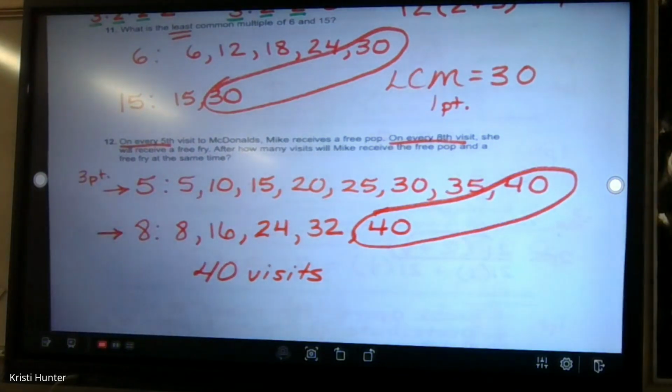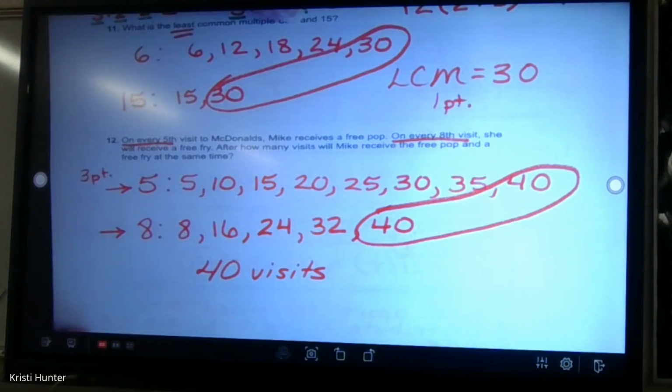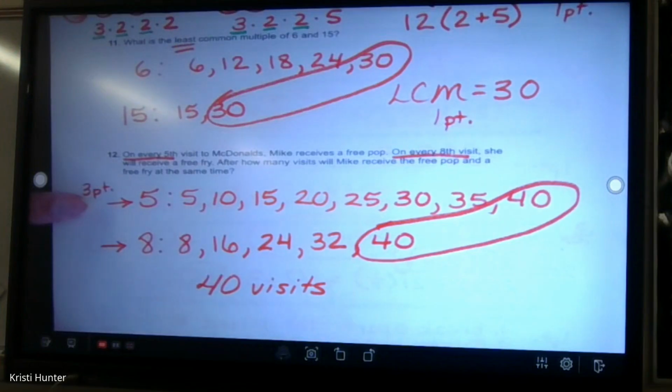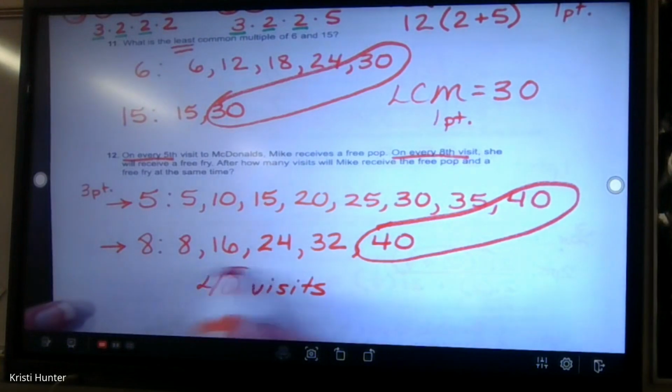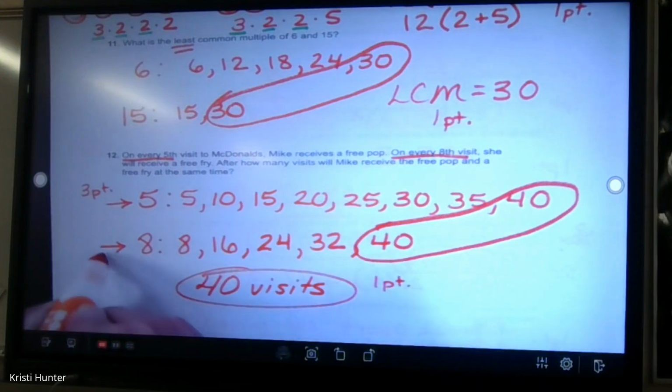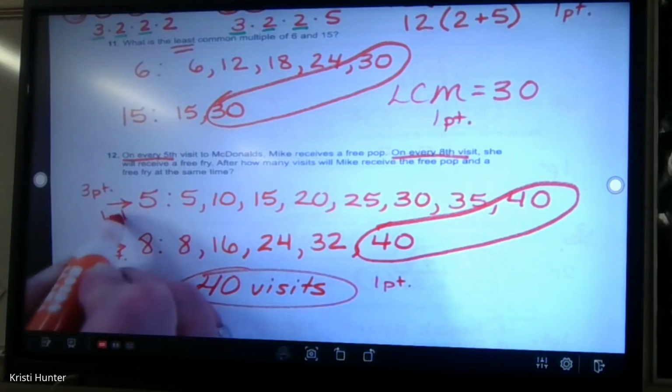You had to know that those are the numbers you were doing least common multiple of. Up here, they told you which numbers to use. So I'm going to give you a point for pulling those out and writing your list. And then coming up with my answer is also going to be 1 point. So these are your 3 points for this problem.